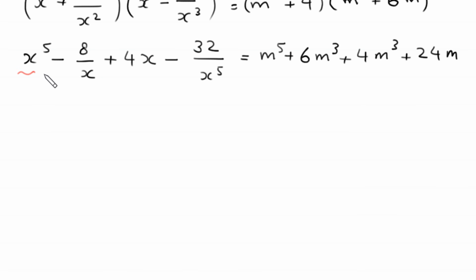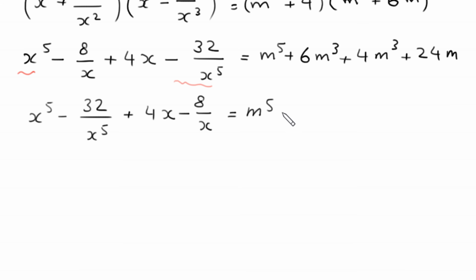Now we combine these two terms, x to the power 5 and negative 32 over x to the power 5. This will become x to the power 5 minus 32 over x to the power 5. We write this 4x first, plus 4 times x minus this 8 over x is equal to m to the power 5. 6m cubed plus 4m cubed will become plus 10 times m cubed plus 24 times m.